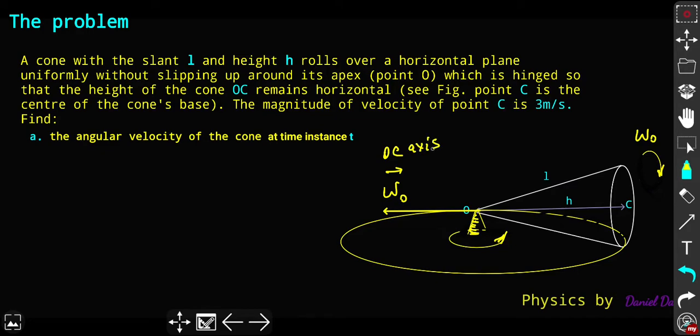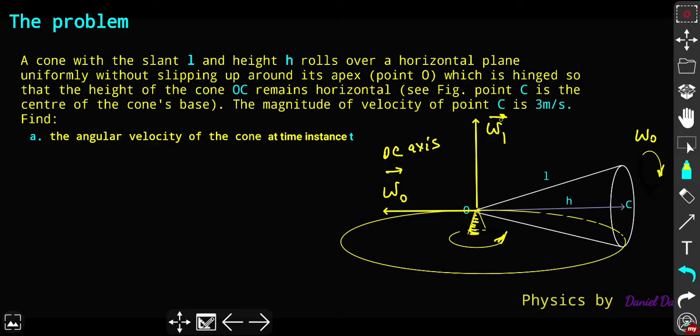And the second one is simply because your axis OC is turned in a horizontal plane around the vertical axis. So we can define another omega 1, which is connected with this sort of rotation of the axis of the cone OC with some linear velocity. Right now we don't know which one.